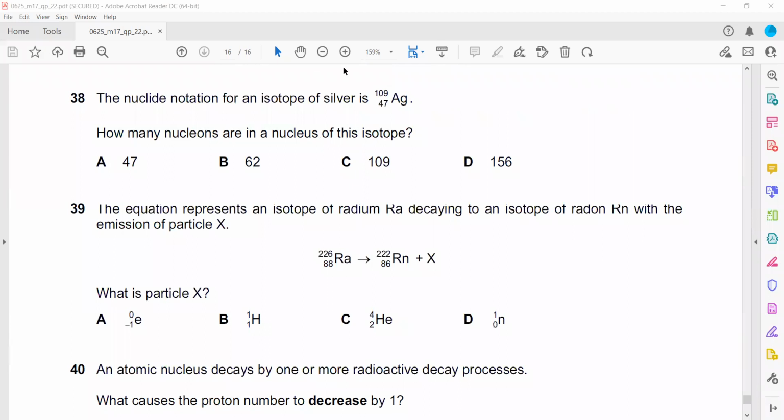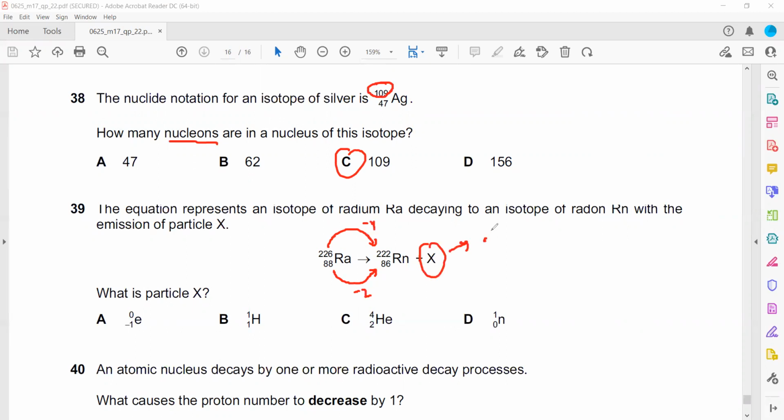So in question 38, a nuclide notation of silver, how many nucleons? This is the nucleon number. So how many nucleons are there? 109. The equation represents a radium decay into radon. So atomic mass decreased by 4 and atomic number decreases by 2. So which particle is this?